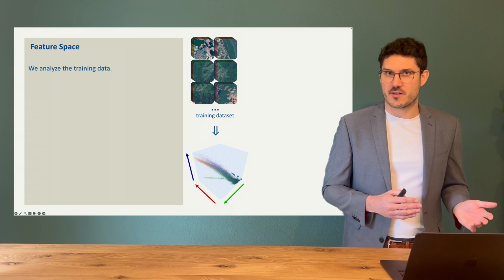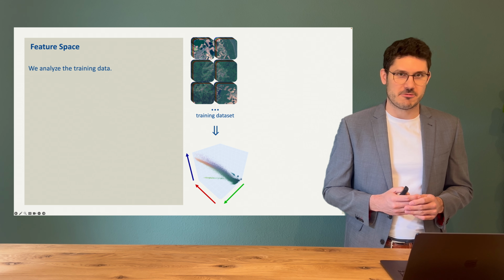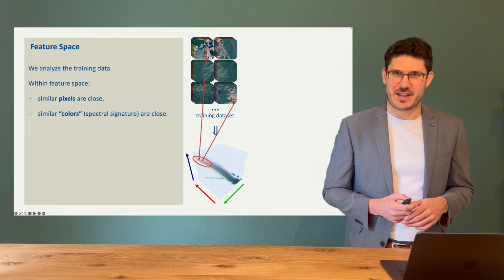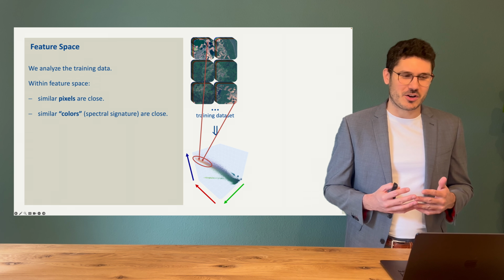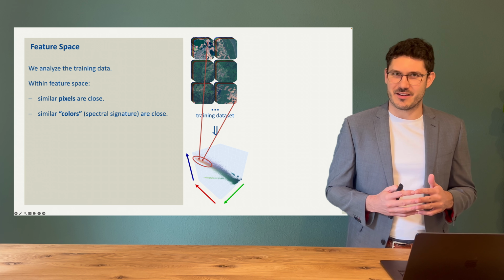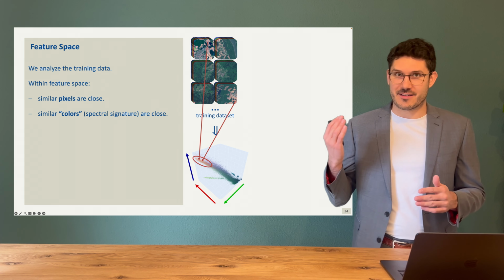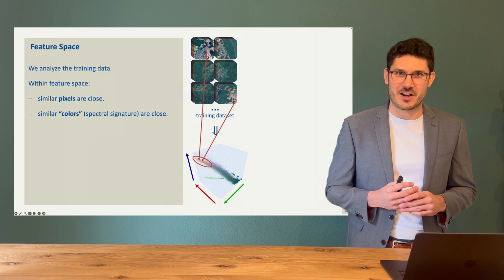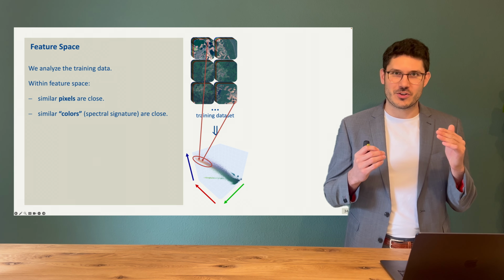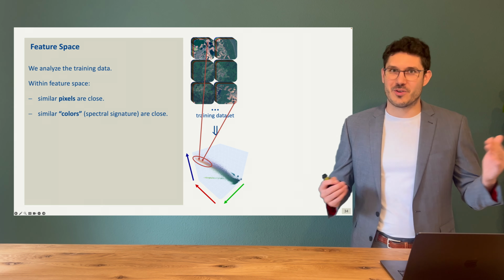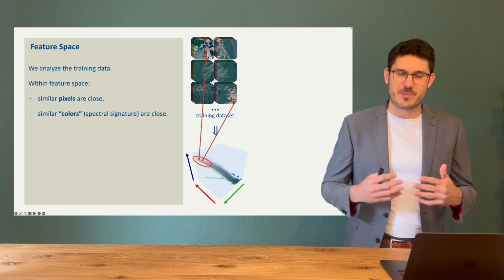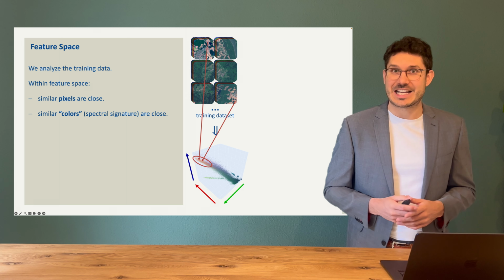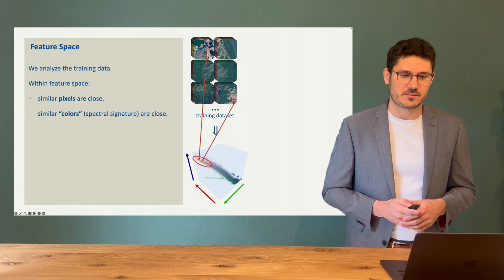One axis corresponds to one channel. But what is so special about this feature space? It's special because here similar pixels are close. As you can see, these brownish pixels can occur very far apart within an image or even within different images, but in the feature space they come close together. So here similar colors are close.